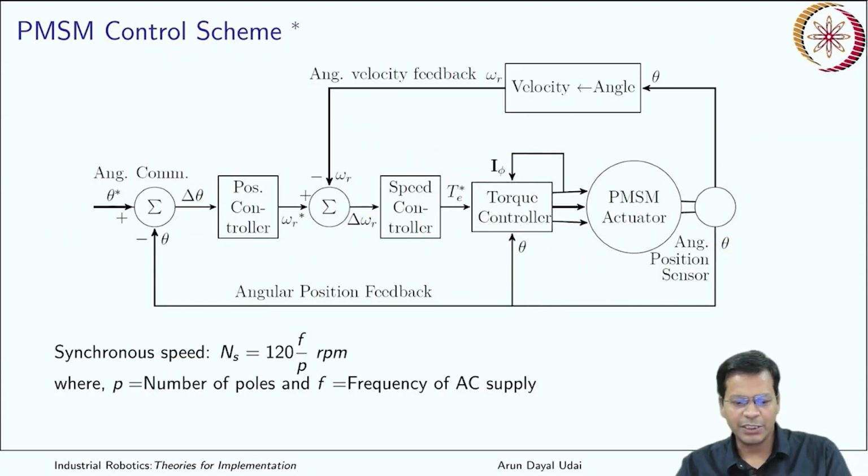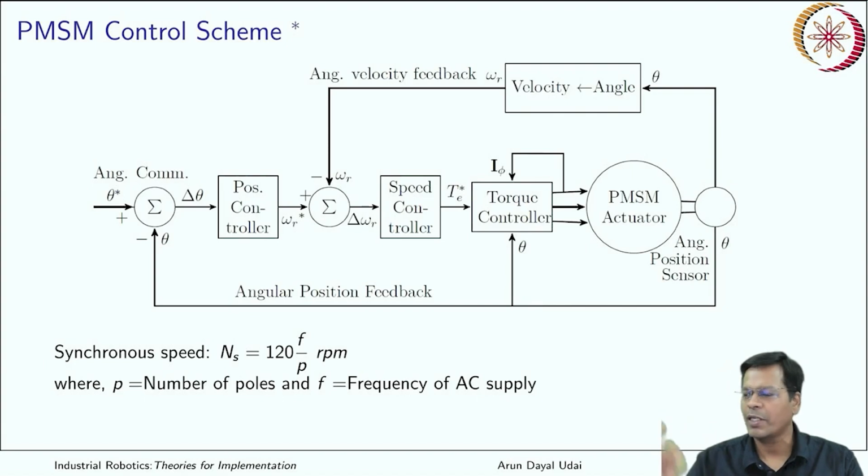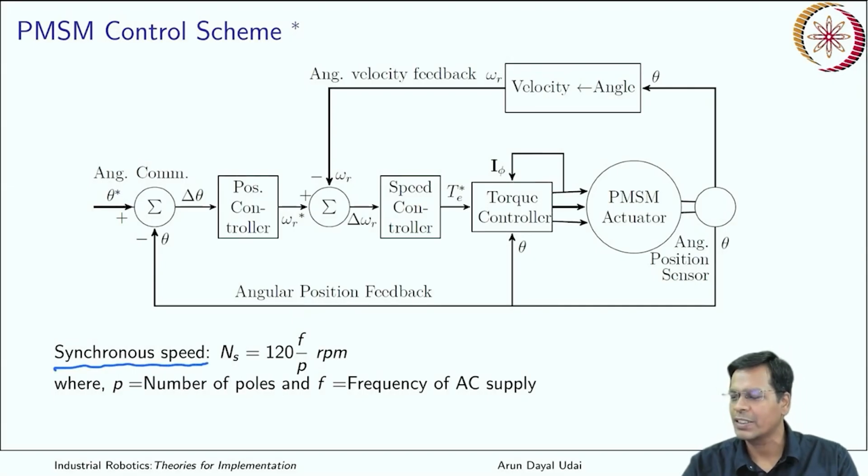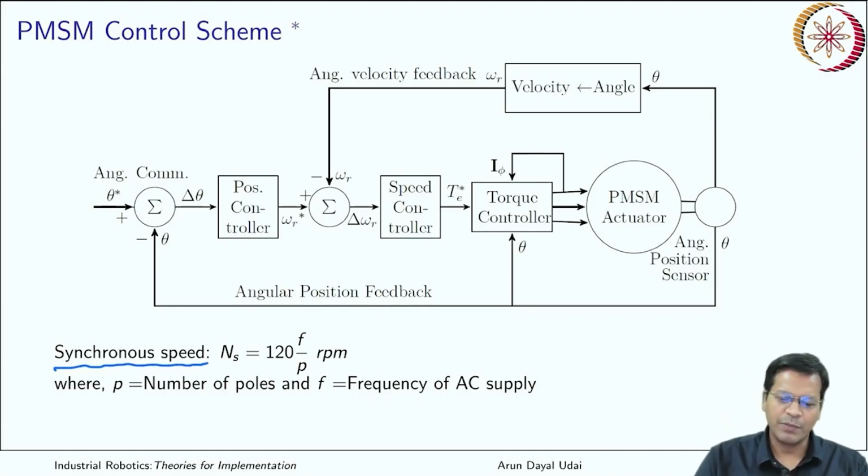Okay, so synchronous speed, if you have a background in electrical engineering, should be quite familiar. Synchronous speed is equal to 120 F by P. For those who are not from electrical engineering, this is a ready-made formula which gives you a relation for the synchronous speed depending on the number of poles you have.